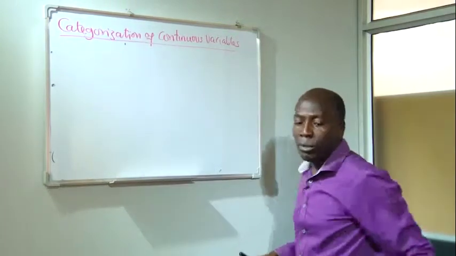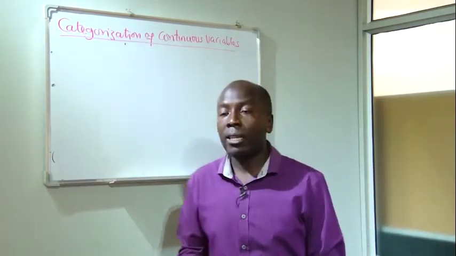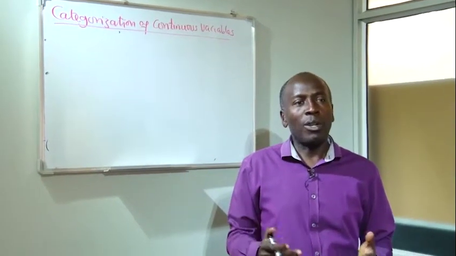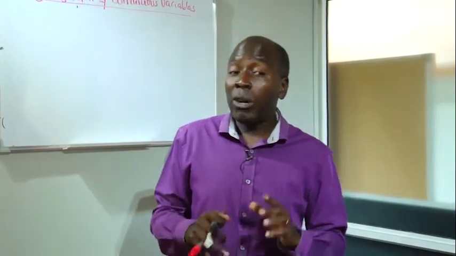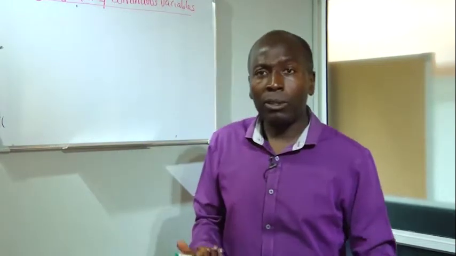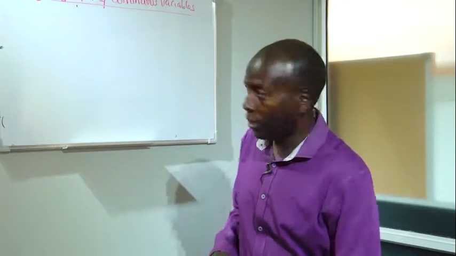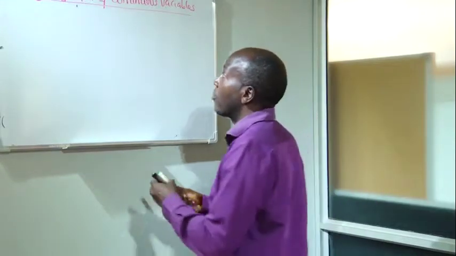Again, once you categorize a continuous variable, it is important to label your variables according to your categories. So let me theoretically run through a command. Again, let me use the example of age.